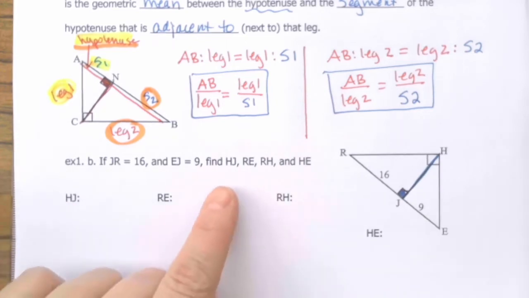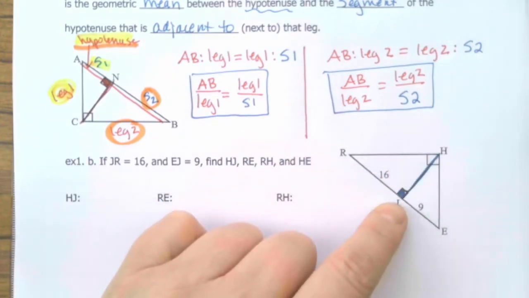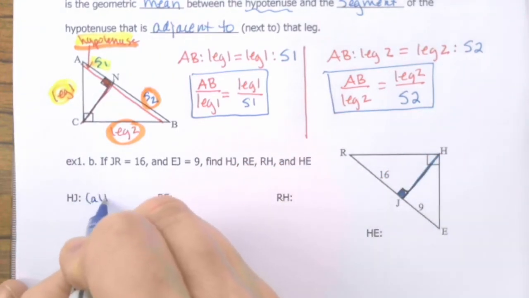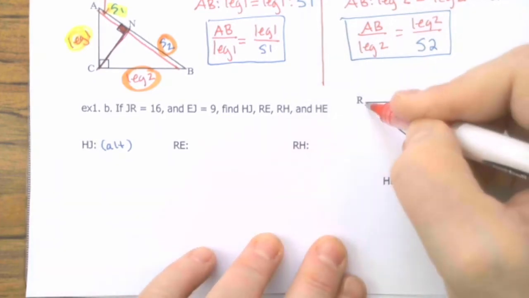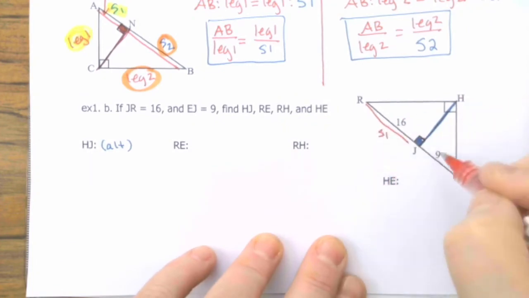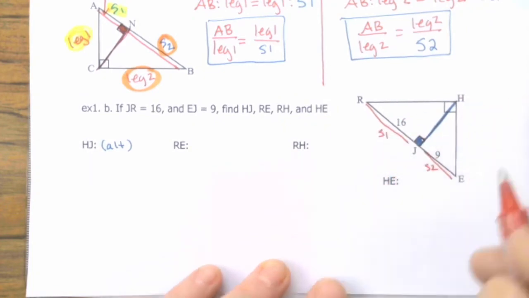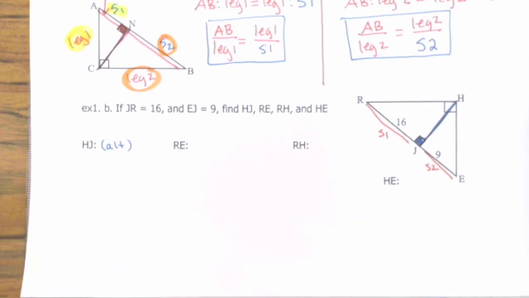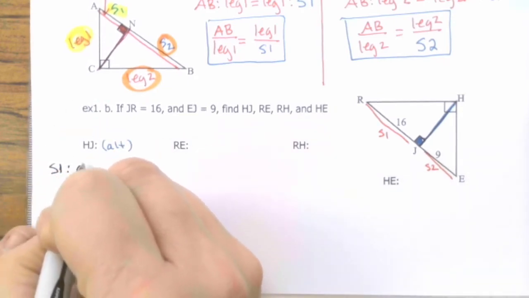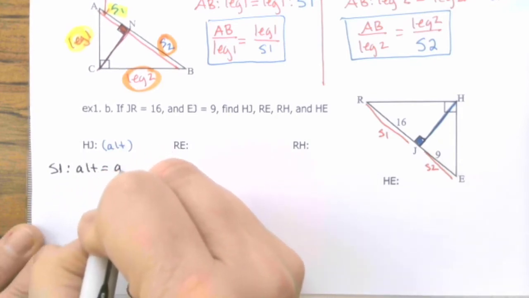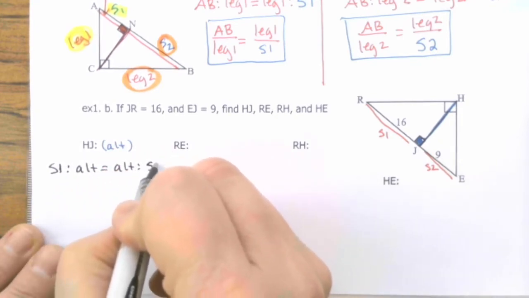Okay, so let's start with HJ. HJ is the altitude. So the altitude is the geometric mean of the two pieces. Our two pieces are this one, which is segment 1, and this one, which is segment 2. So if the altitude is the geometric mean, we can take segment 1 colon the altitude equals the altitude colon segment 2.